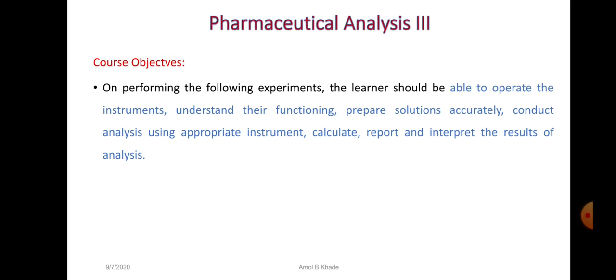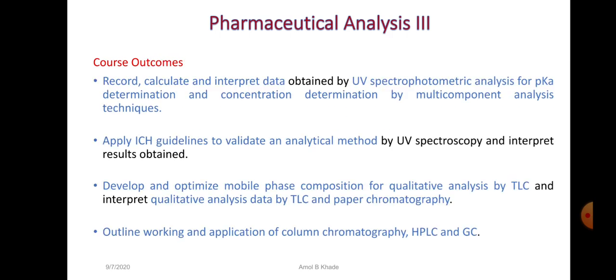So these are the course objectives, and I hope after going through all these practicals we are able to achieve them. Talking about course outcomes: to record, calculate and interpret data obtained by UV spectrophotometric analysis for pKa determination and concentration determination by multi-component analysis techniques.